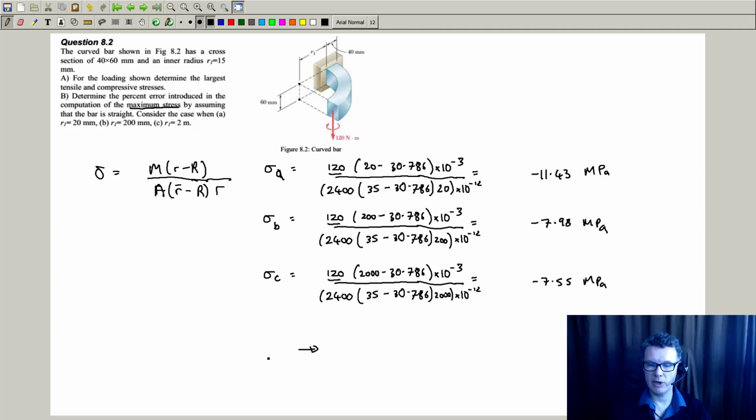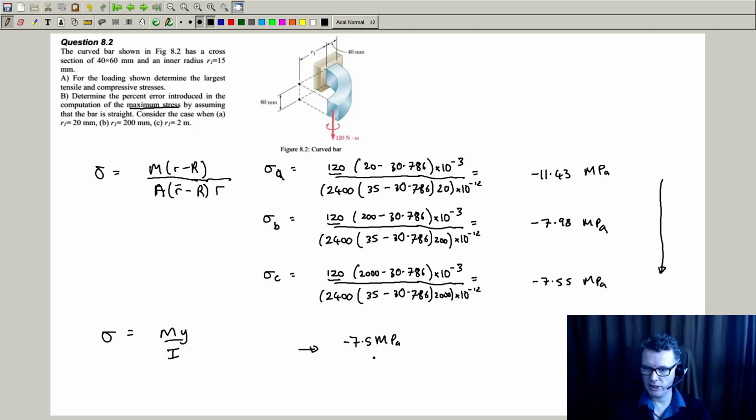And as you can see, compared to if we imagine this to be a straight beam being bent, where we have 7.5 megapascals, but minus there, so it's compressive, the longer you make your beam, the more you're tending towards this number.